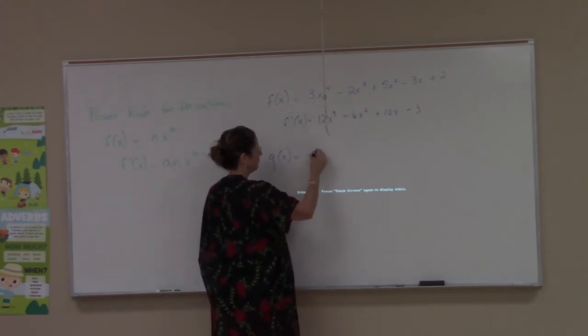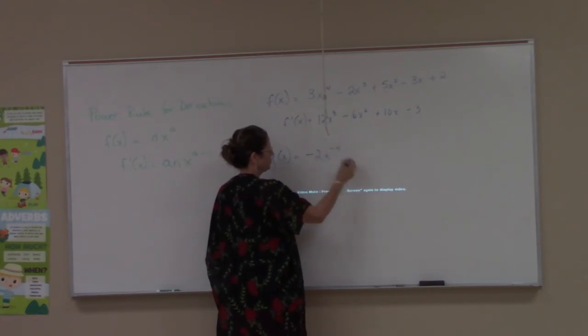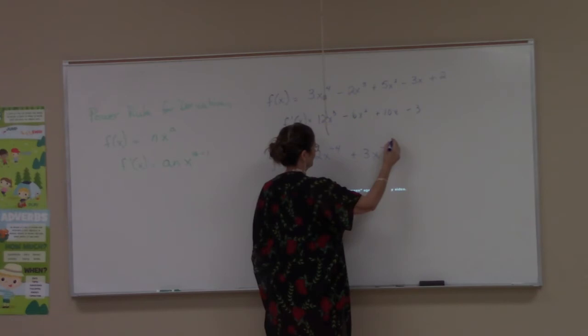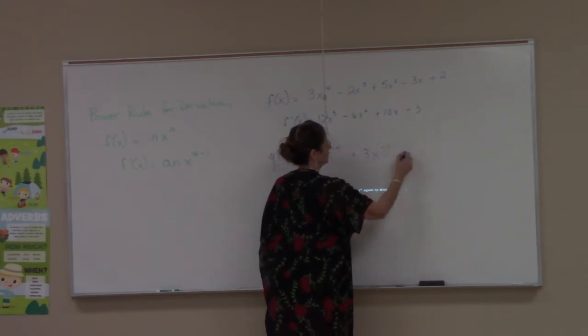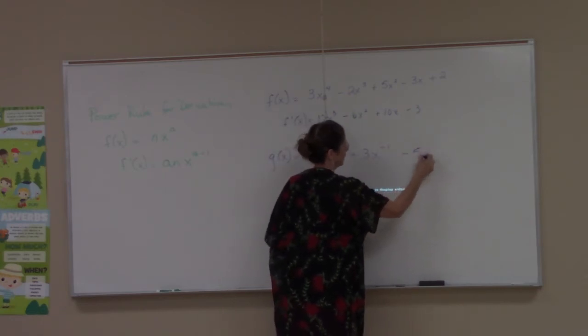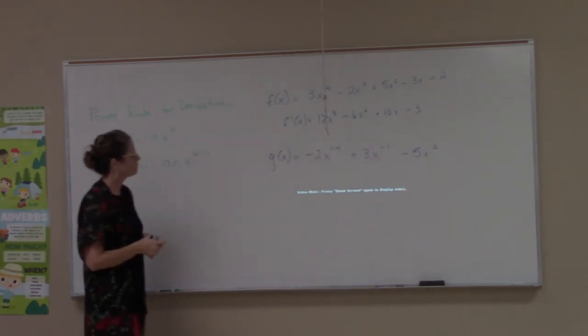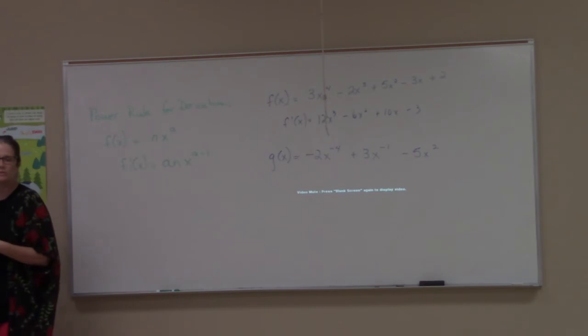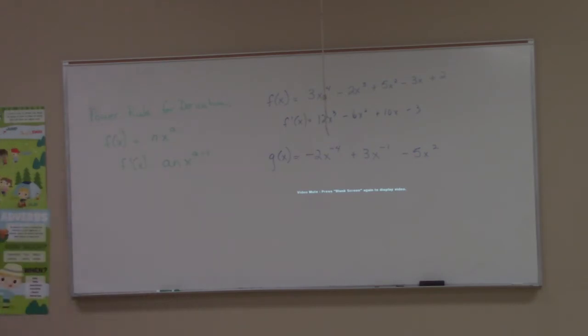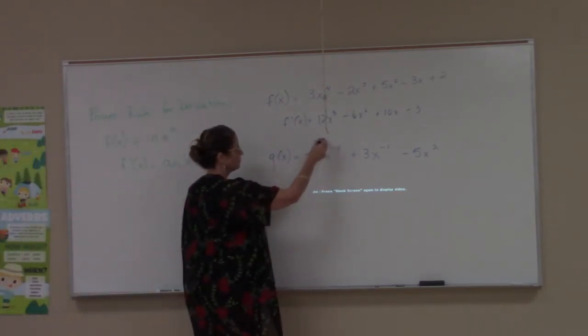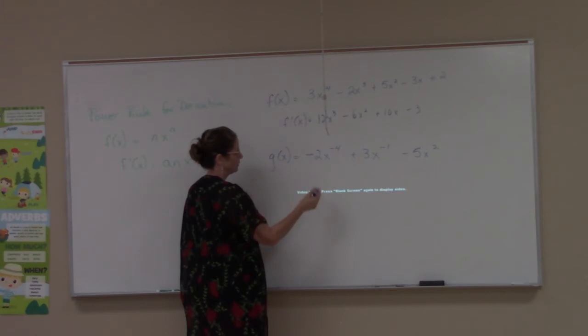And let's say I have negative 2x to the negative fourth plus 3x to the negative 1 minus 5x to the second. We'll do it that way. It's the same rule. The power rule for derivatives works the exact same way. Just watch your positives and negatives. So when I drop this to the front and multiply, what do I get?